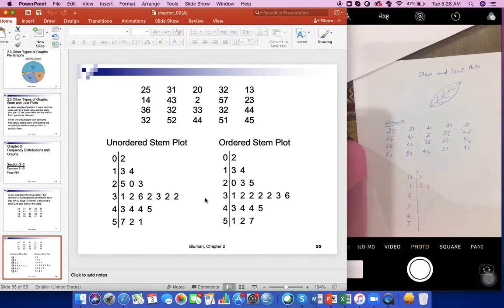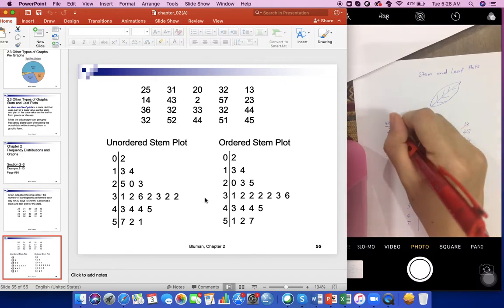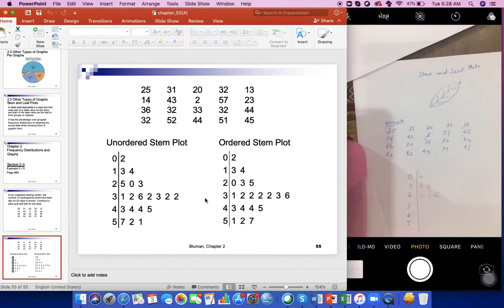The next one is 20, so 0. After 20, 23. Where is 23? 3. And then 5.